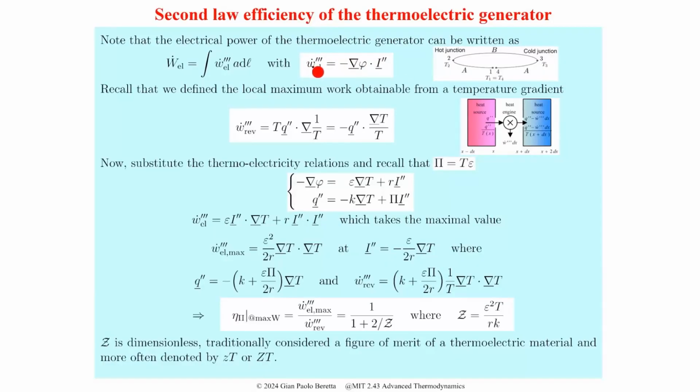Now I want to define a second law efficiency, which is down here. I want to take the work obtained and divide it by the maximum work I could obtain for that same temperature difference. Locally, the temperature difference is just the temperature gradient.